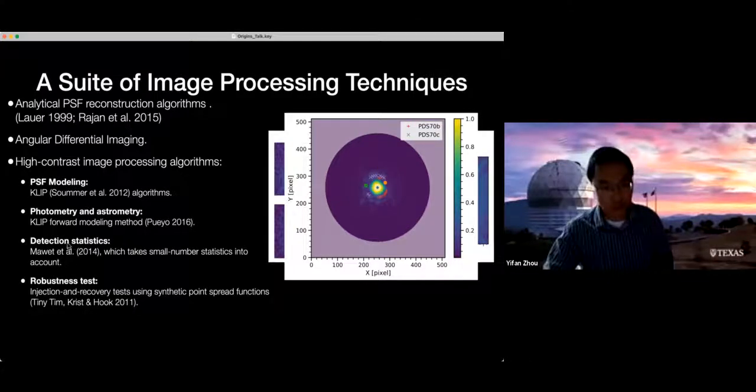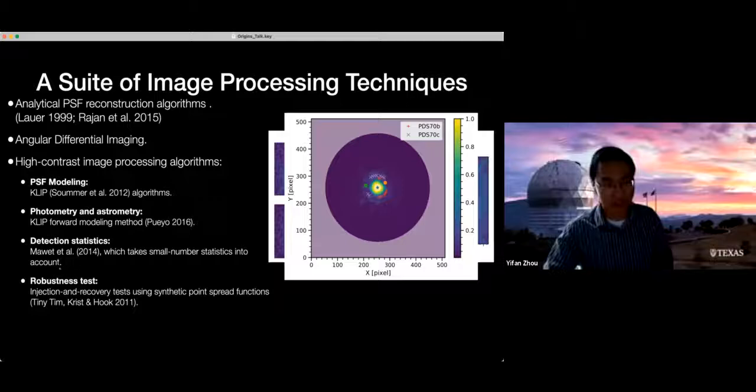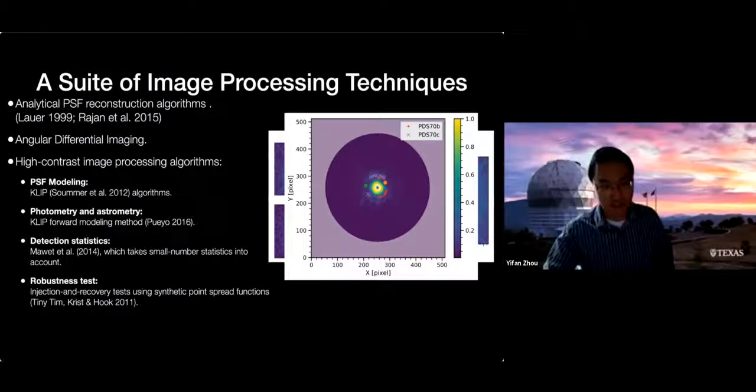We also use additional methods to calibrate the photometry so that it is not affected by the PSF subtraction process. And we use other methods that help us estimate how significant and how robust our detections are. All those methods are very well tested in ground-based observation.